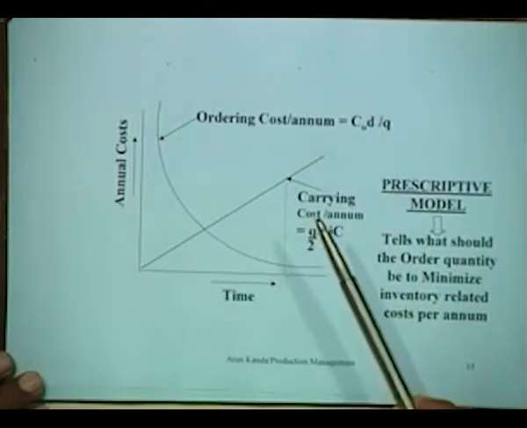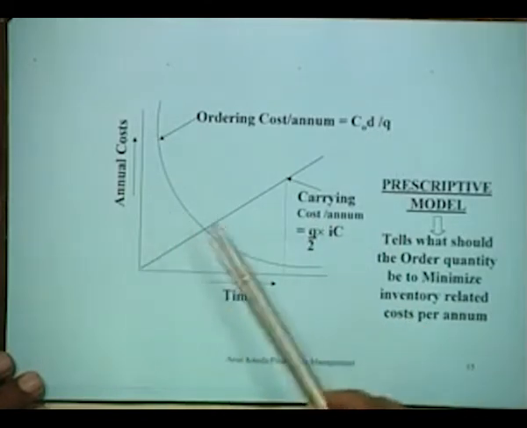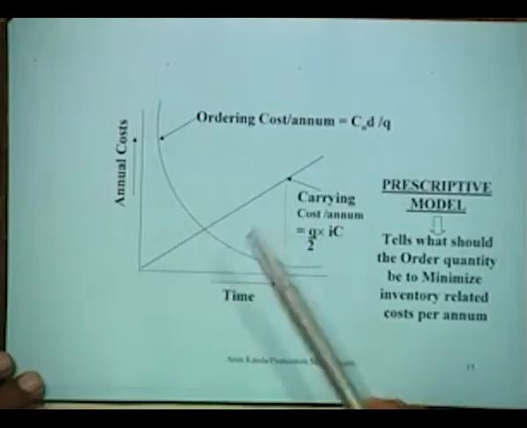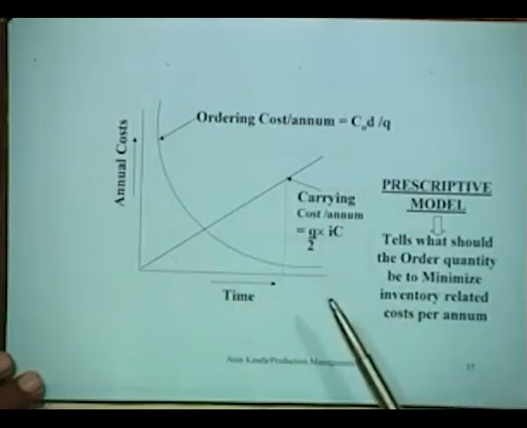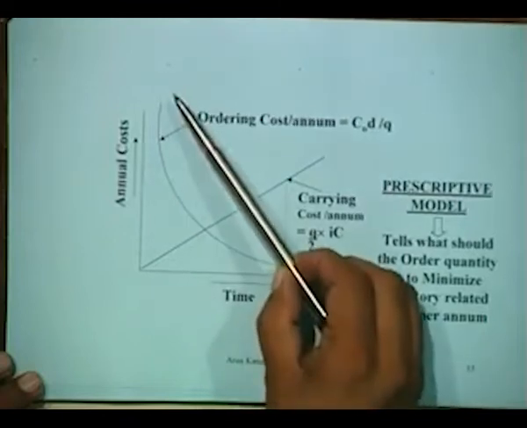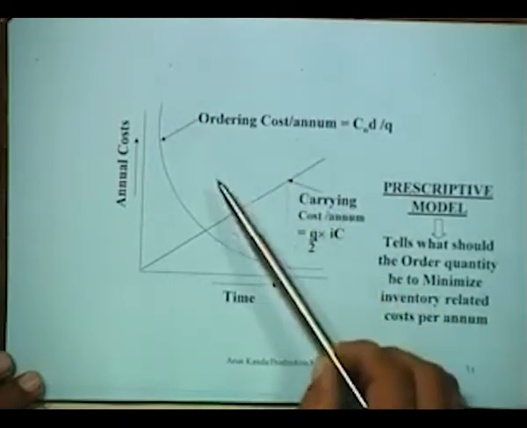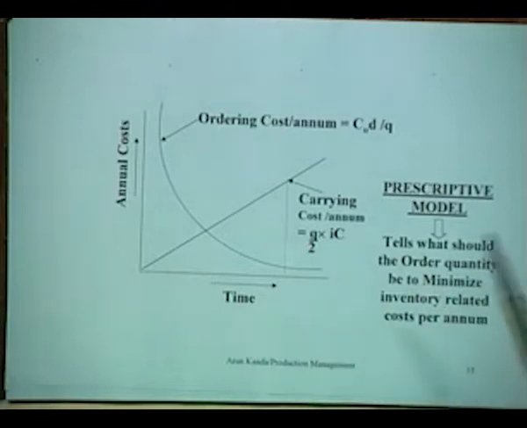So what really happens is that you have two conflicting cost parameters, one increasing, one decreasing at a different rate, and the total cost would be something of this nature, and the EOQ is the quantity which minimizes the total cost. But apart from this, the model tells you a lot of other useful things.